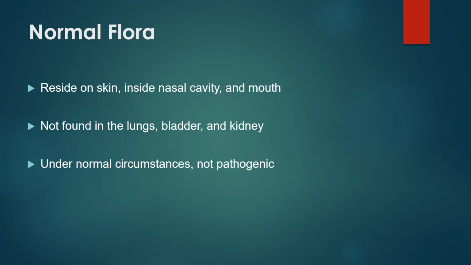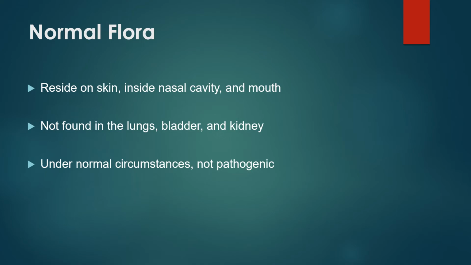So when we look at the normal flora, like I said before, they're non-pathogenic and they reside either within cavities of the host or on the skin of the host. That's where they reside. Now, they're only found in areas that are considered non-sterile, such as the skin, the nasal cavity, the mouth, the GI tract.